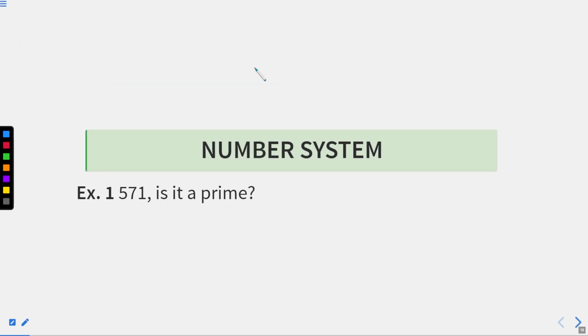Let's take another example. 571, is it a prime? First take the approximated root. We know 25 times 25 is equal to 625, so the root of this must be less than 25.